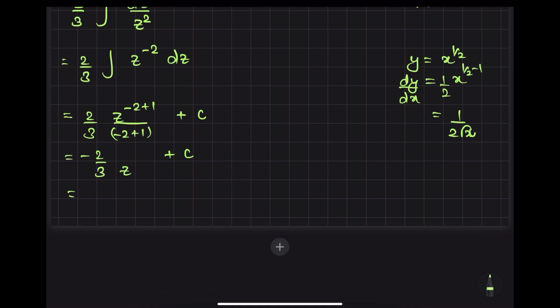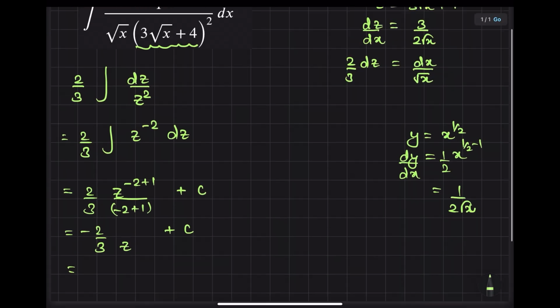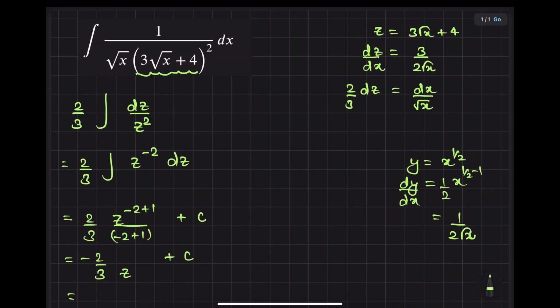You also know that they have given the question in terms of x, not z, so they expect the answer to be in x, not z. So it is our responsibility to remove z because it's us who have introduced z. So who is z? z is 3 root x plus 4.